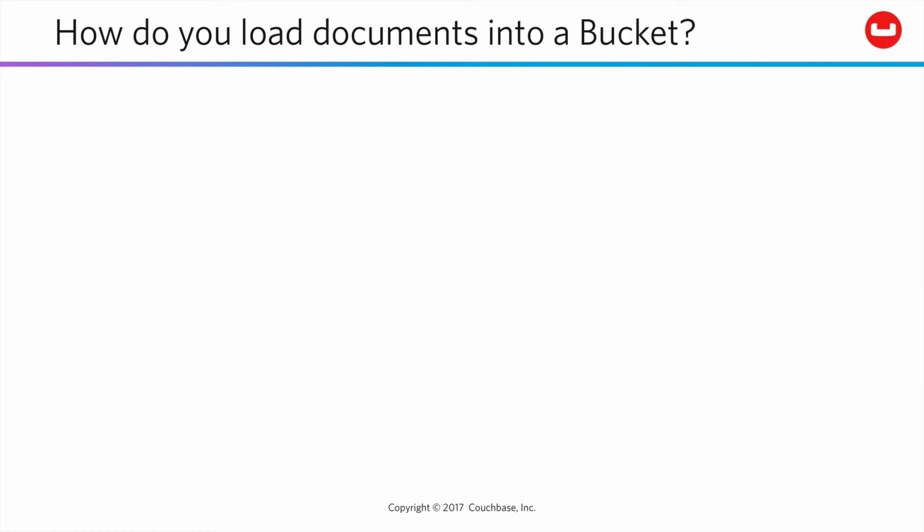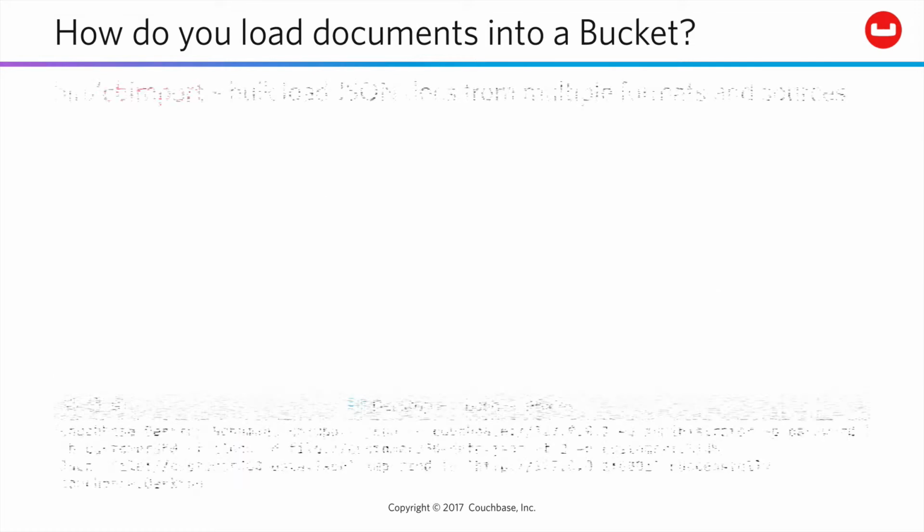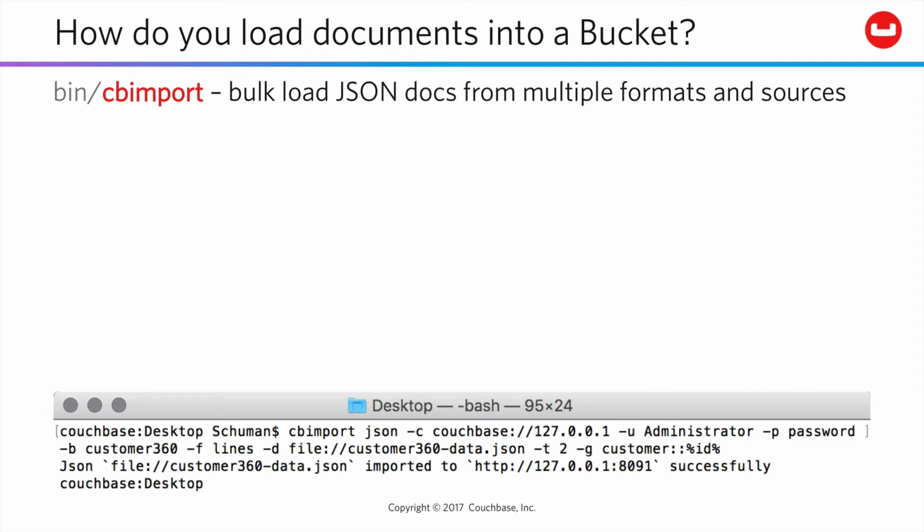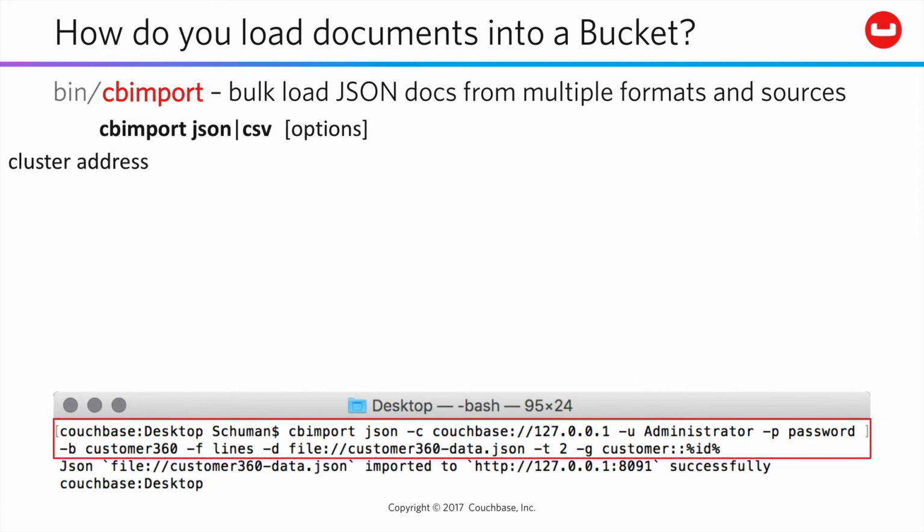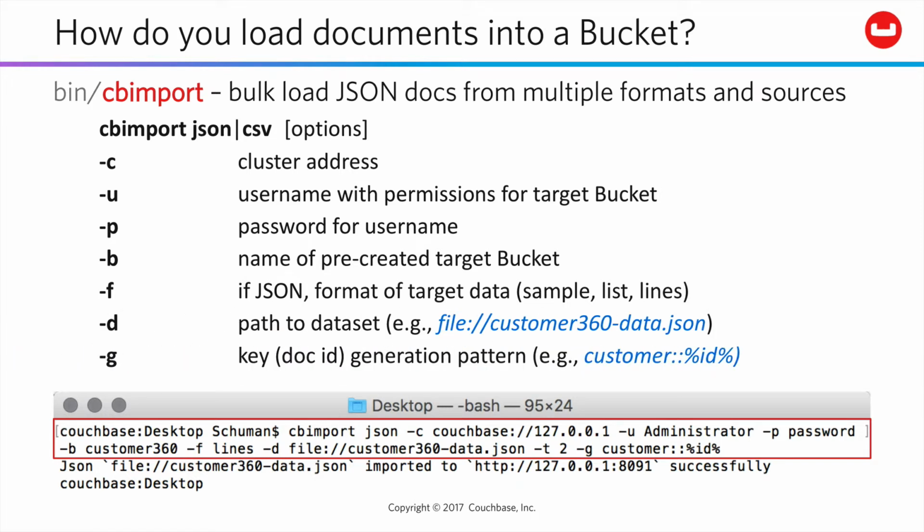Couchbase Enterprise Edition includes a powerful new tool, CB Import, for bulk loading data into buckets. Data can be loaded from external JSON or CSV files in a variety of formats and approaches. Very helpfully, this tool lets you define document ID generation patterns based on data extracted from each document. Also very helpfully, CB Import is wicked fast.